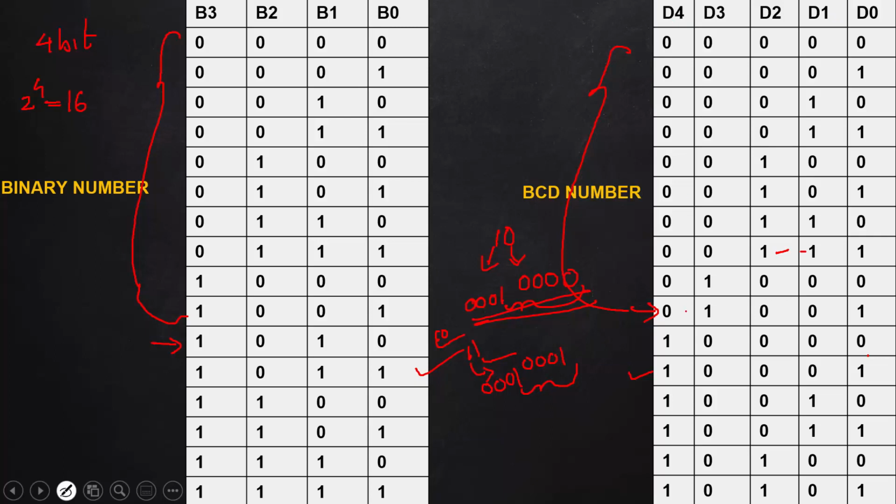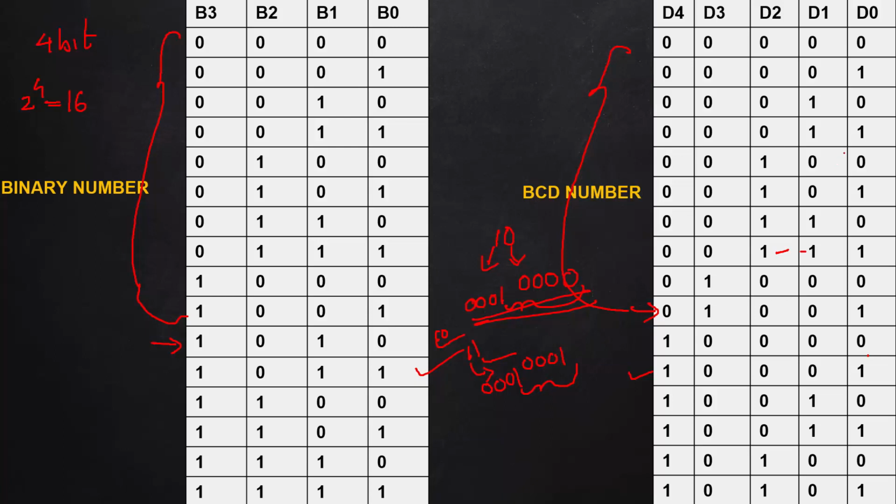From 0 to 9, the fifth bit is 0, and for the remaining numbers, from 10, 11 up to 15, the fifth bit is 1. Clear? So this is our input binary, and this is our output table which contains the BCD equivalent of each and every binary number listed here.